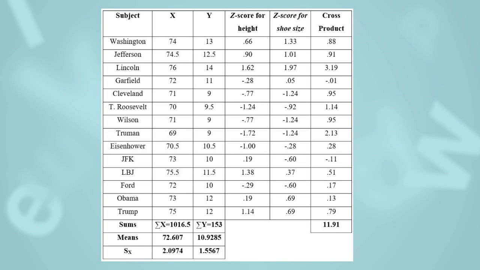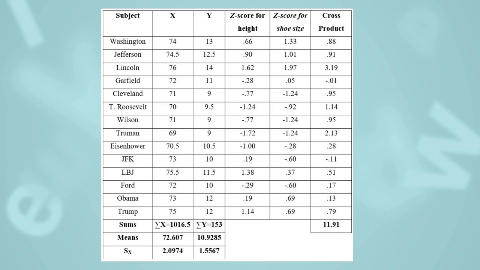And there is a cross-product column where each z-score for height is multiplied by each z-score for shoe size, paying close attention to positive and negative variables. When we sum the cross-product column and divide by 14, we get the correlation coefficient of 0.85. Simple, right?